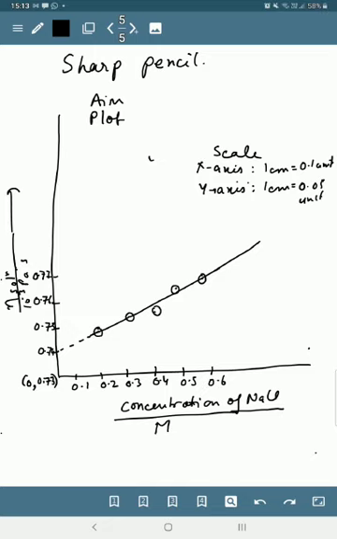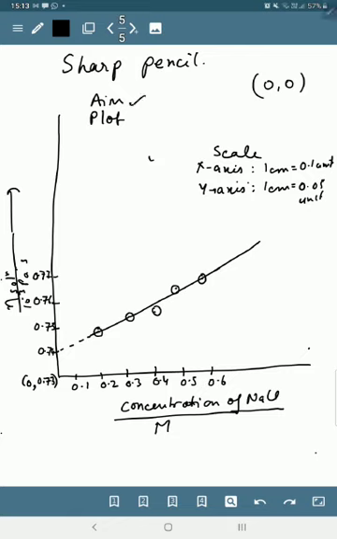Do not write it as 0, 0 because this is not an origin. Origin means 0, 0, and this is not an origin. It is 0 on the x-axis and 0.73 on the y-axis. So write 0, 0.73 as the point and you draw a line. Please understand, this has to be kept in mind.